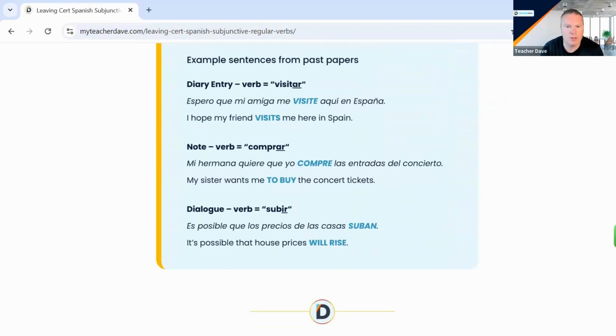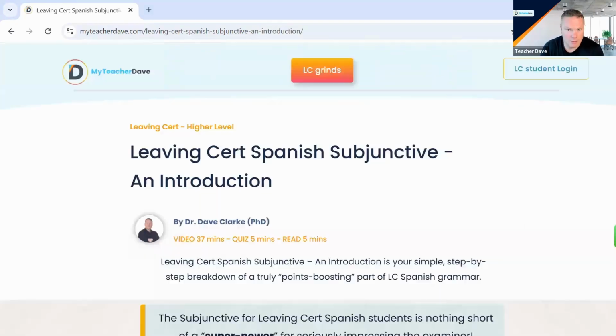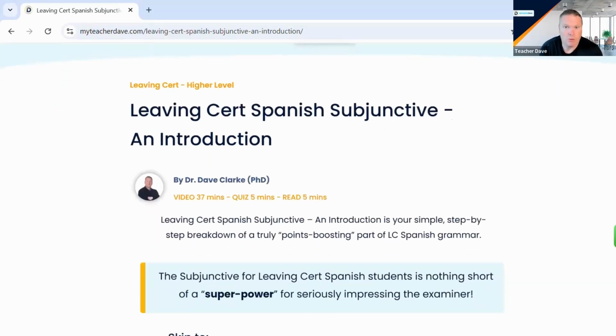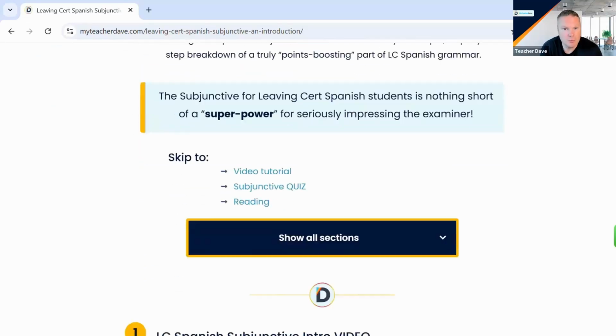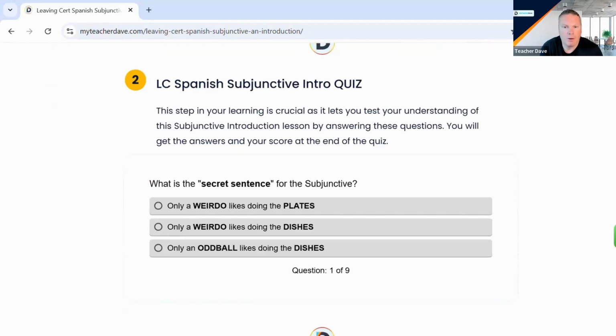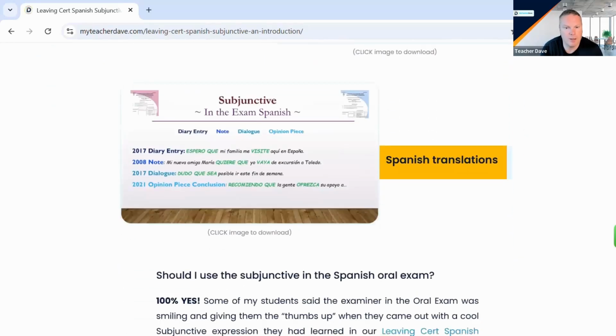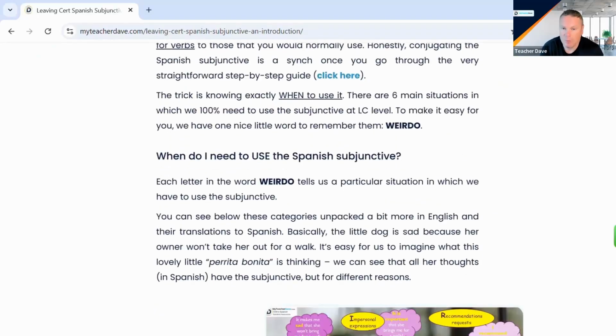So that's the regular verbs. But we've also covered another topic which introduces the subjunctive for us at Leaving Cert level. Again, we have the usual things. We have our video tutorial, we have our quiz to test ourselves on as a fundamental part, and then we have the part for reading, getting a little bit deeper into it.